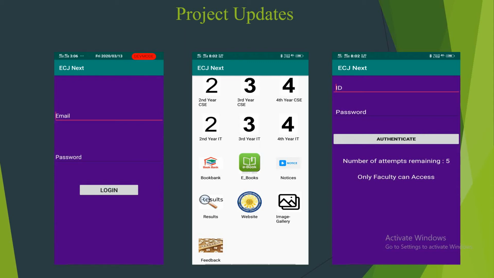Then there are some icons here like second year, third year, fourth year CSE, and second year, third year, fourth year IT, and some useful icons for students. The first six icons have authentication.